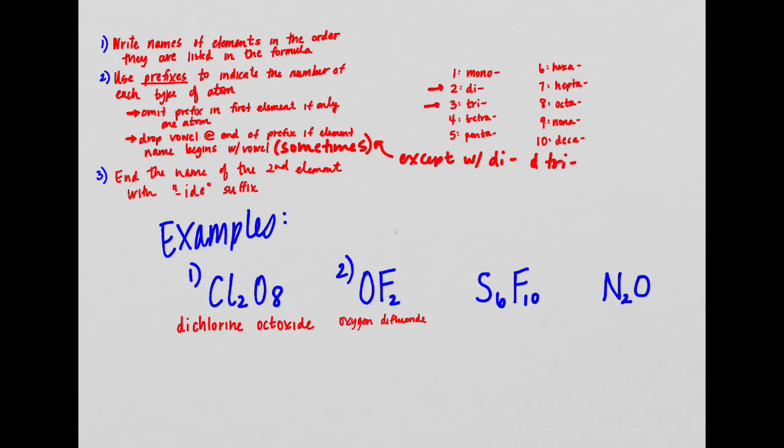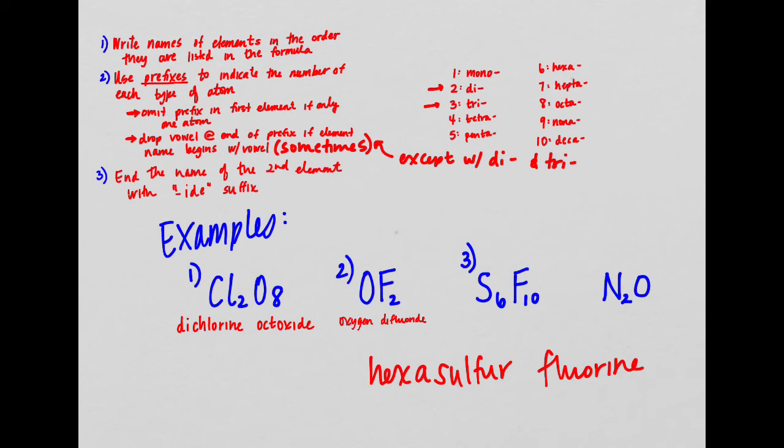All right, number 3. We have sulfur and fluorine again. And I'm going to put my prefixes. So I have 6 sulfur. So this is going to be hexasulfur.